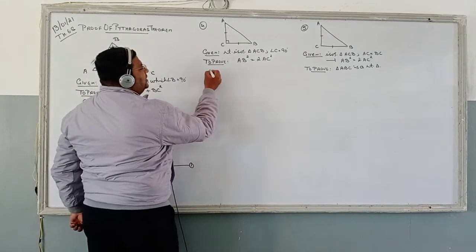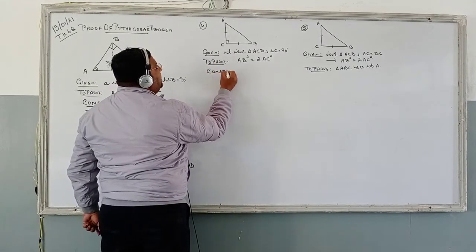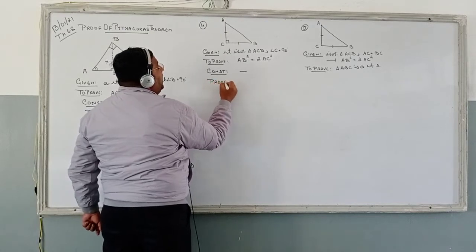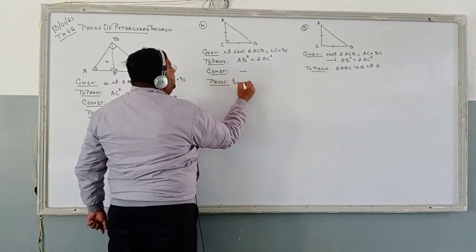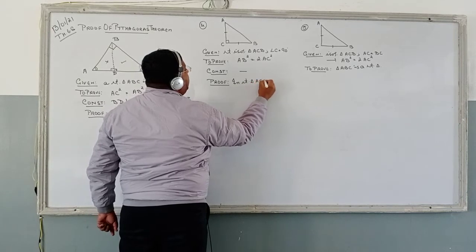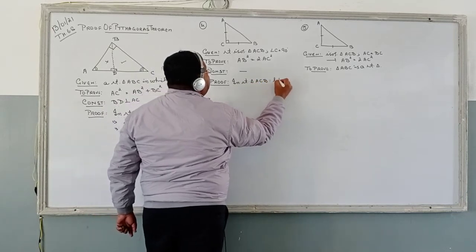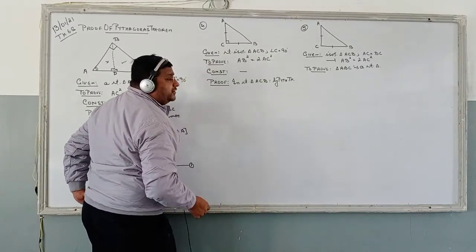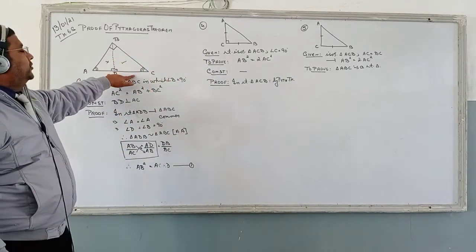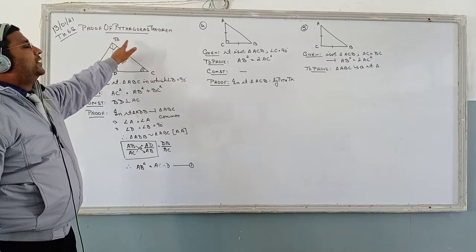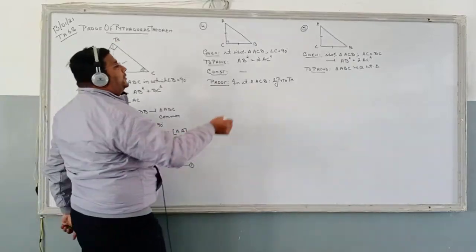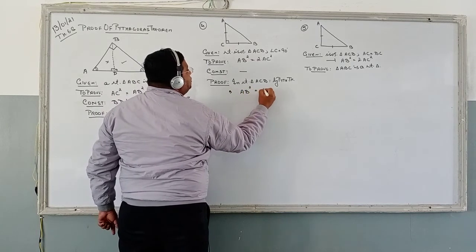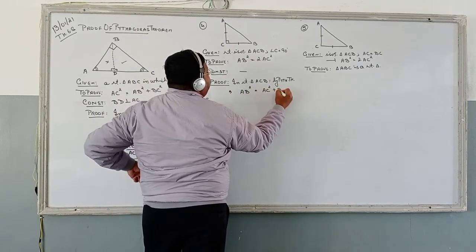So first and foremost, which of them is a right triangle? So this is a right triangle. Can we apply Pythagoras theorem? Definitely, sir. Since it is a right angle triangle, we can apply Pythagoras theorem. All of us know that proof. In right triangle, AB square is equal to AC square plus BC square.